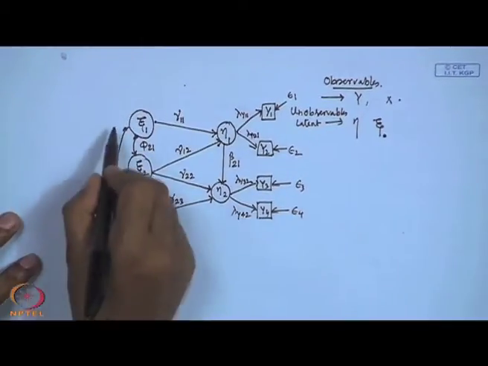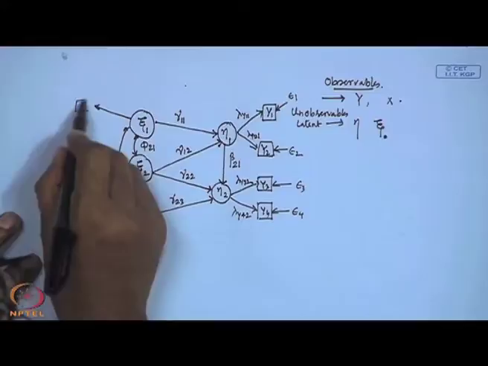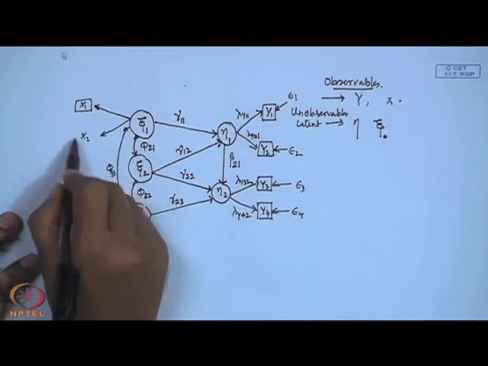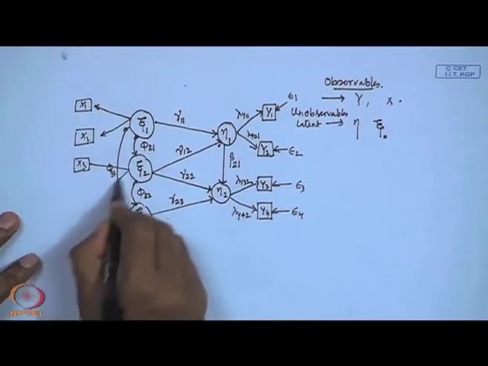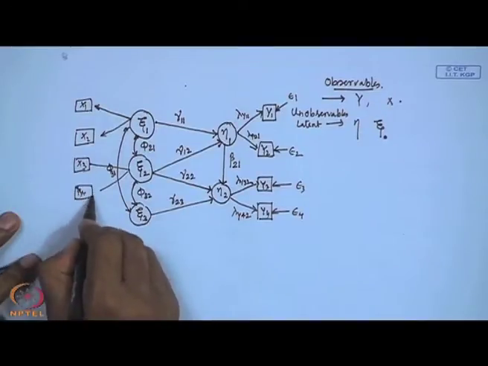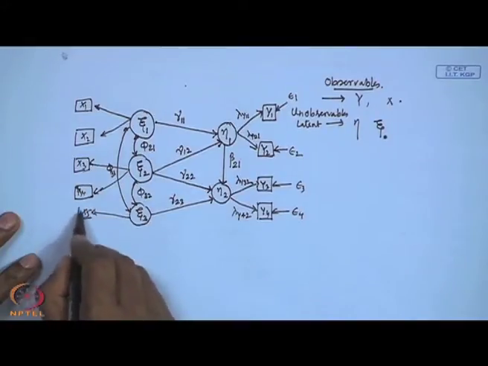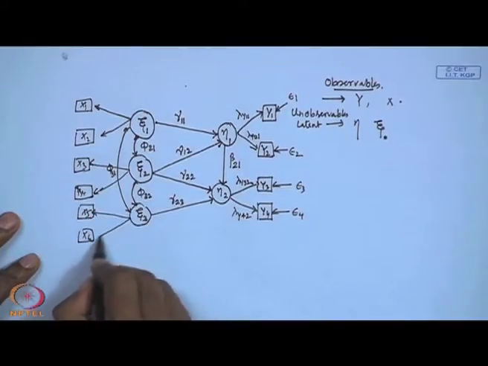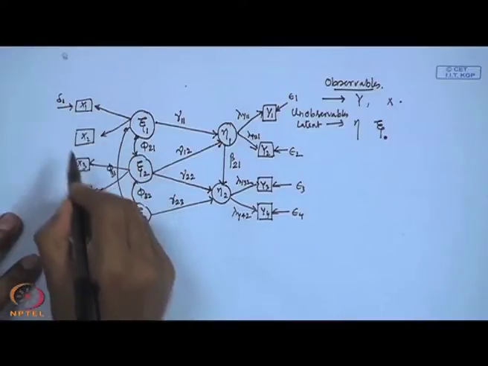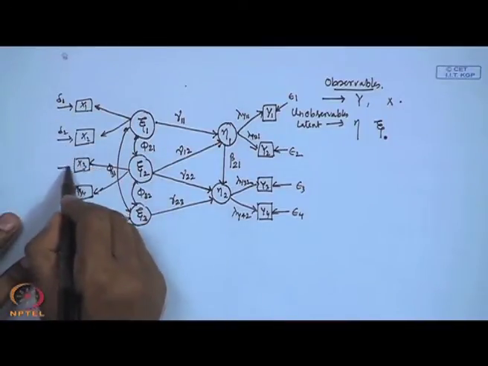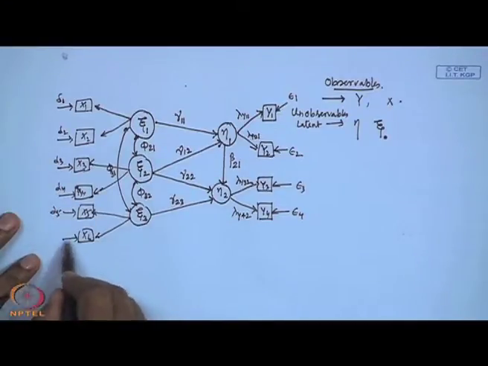So, let us assume that it can be measured by manifest variables x 1, x 2, x 3, x 4, x 5, x 6, and on this side the errors delta 1, delta 2, delta 3, delta 4, delta 5, delta 6.